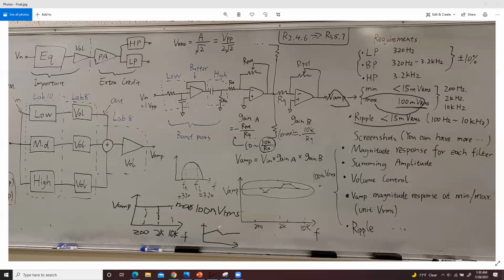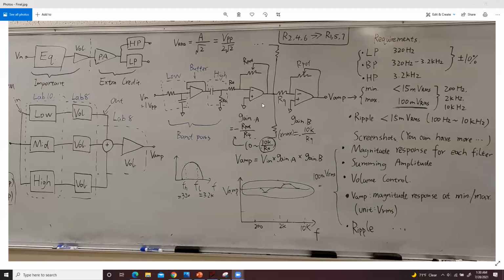Here is the maximum and here is the minimum for the magnitude response. What you want to make sure is that the difference between the maximum and minimum should be smaller than 15 mV RMS. That's the last requirement for the circuit.